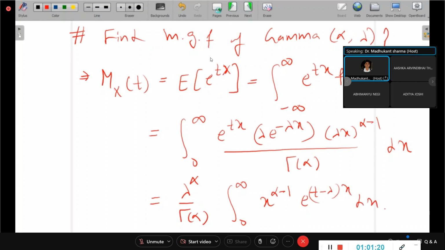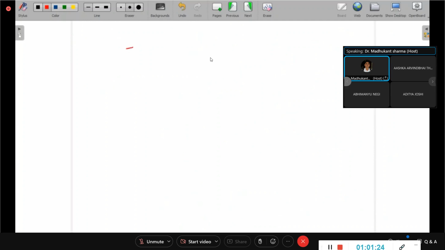Further, it looks like lambda to the power alpha by gamma alpha, integration from 0 to infinity of x to the power alpha minus 1 e to the power minus, taking the minus out, lambda minus t times x dx.